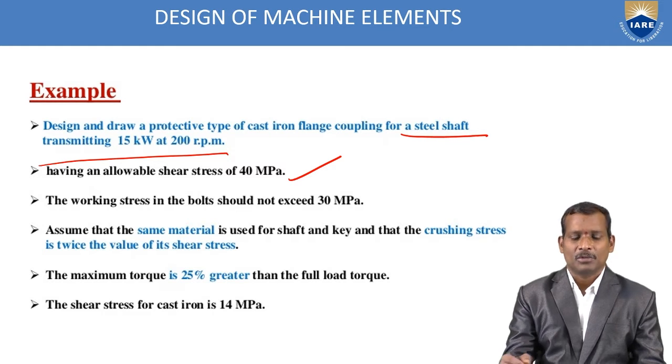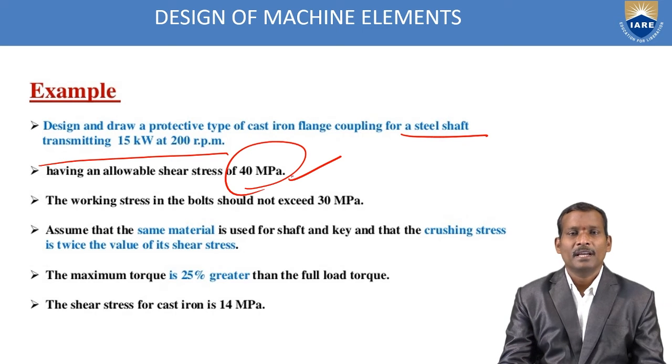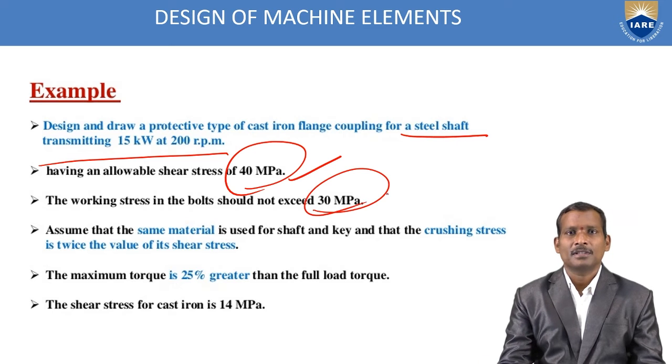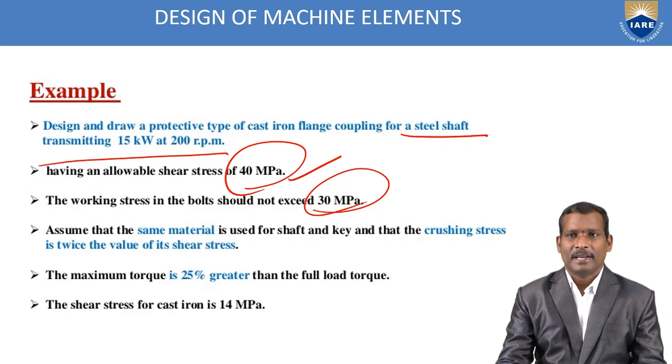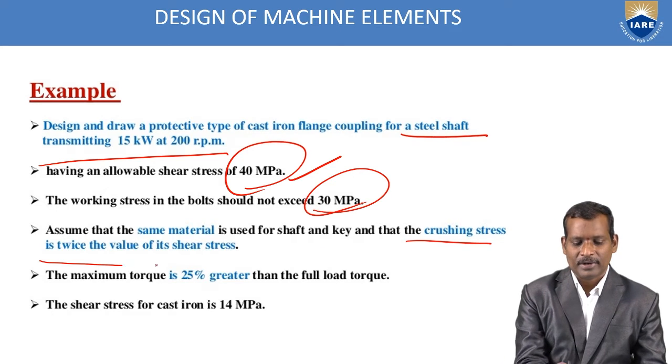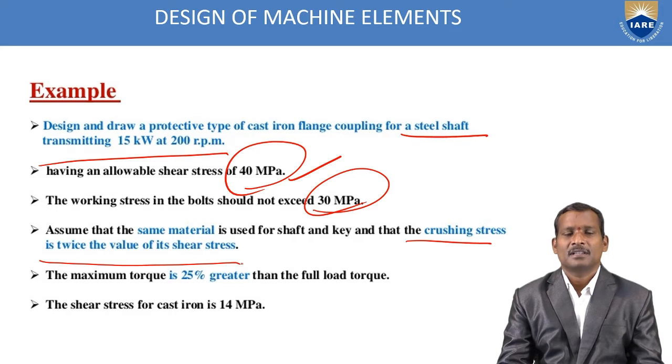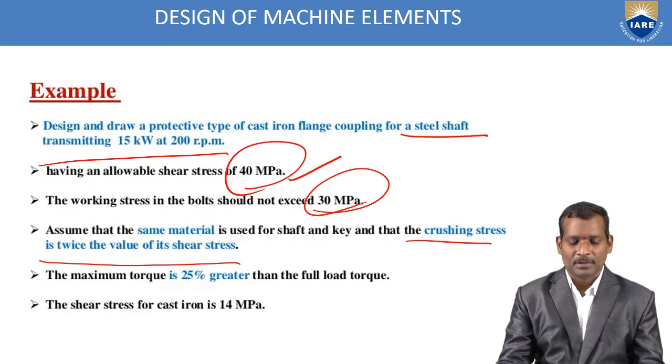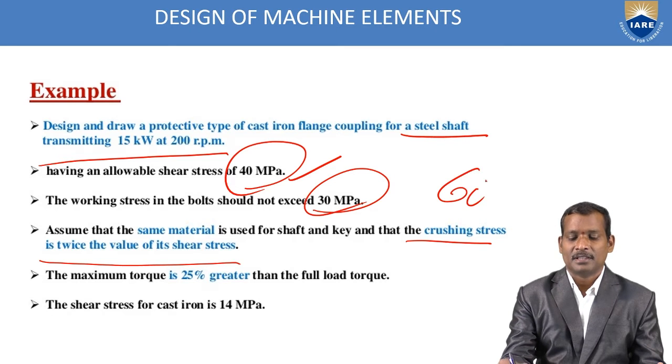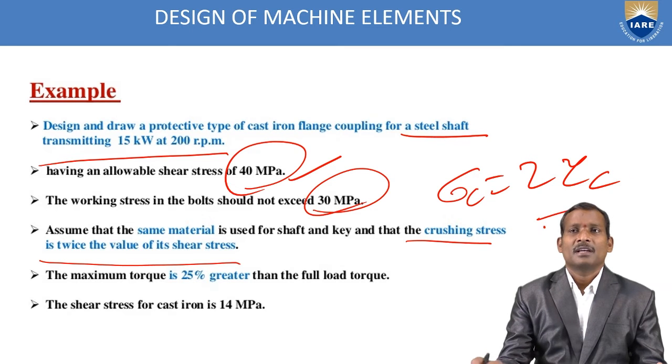Assume that the same material is used for shaft and key, and that the crushing stress is twice the value of its shear stress. Here the crushing stress is 2 times the shear stress.